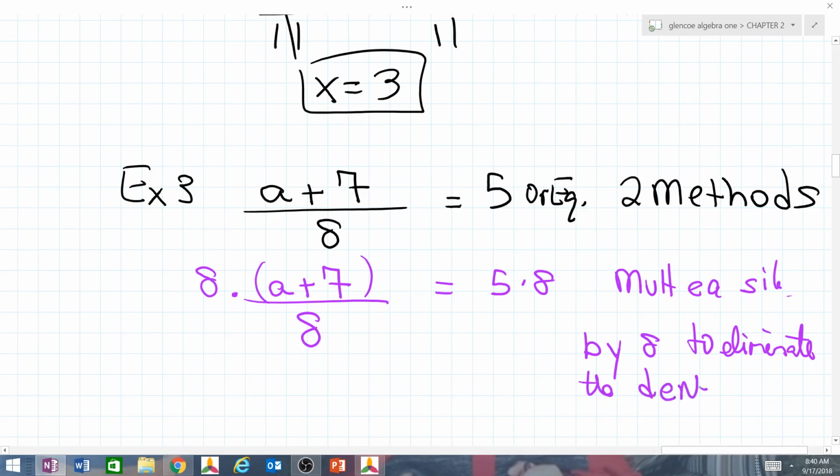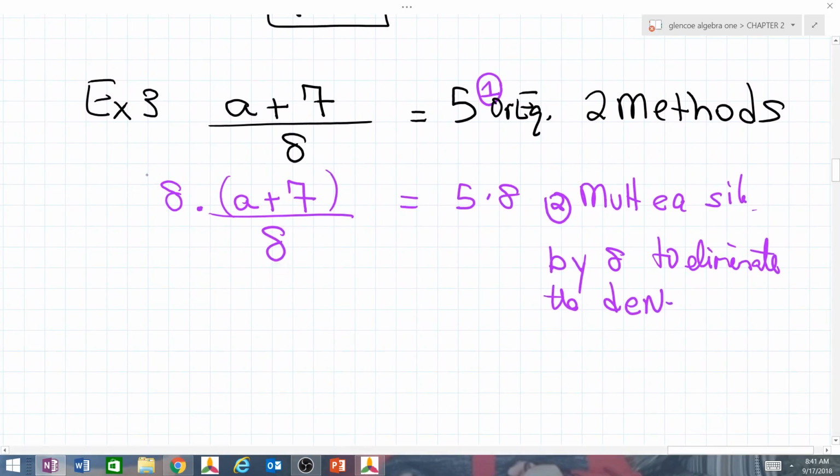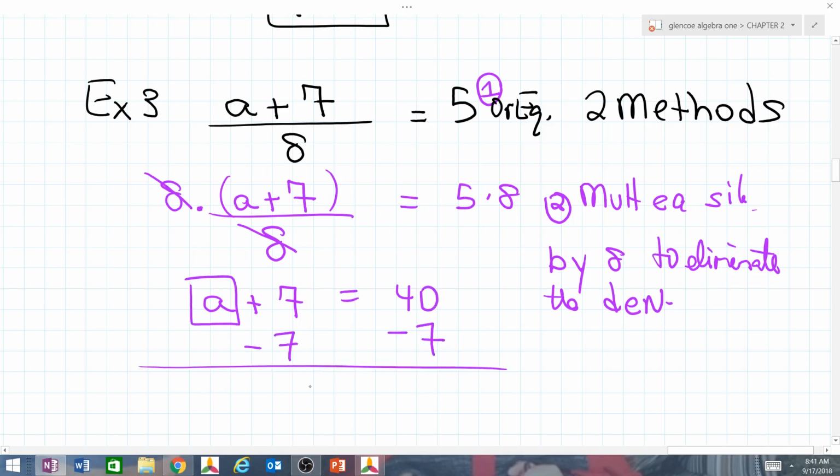Does that make sense? So that's step 1. That's step 2. So watch what happens when we do this. This 8 and this 8 cancel, and I'm left with a plus 7 equals 40. I want to solve for a, so I subtract 7 from each side, and I get a equals 33.